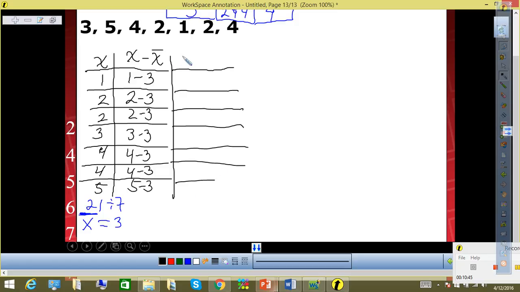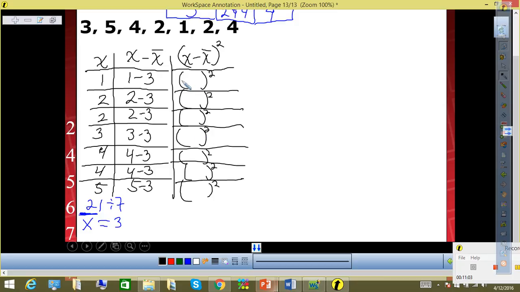And the last column. For this one, we're going to write the difference of the data minus the mean, squared. So we just open parentheses here. Squared, squared, squared, squared, and squared. All right? Give me numbers.